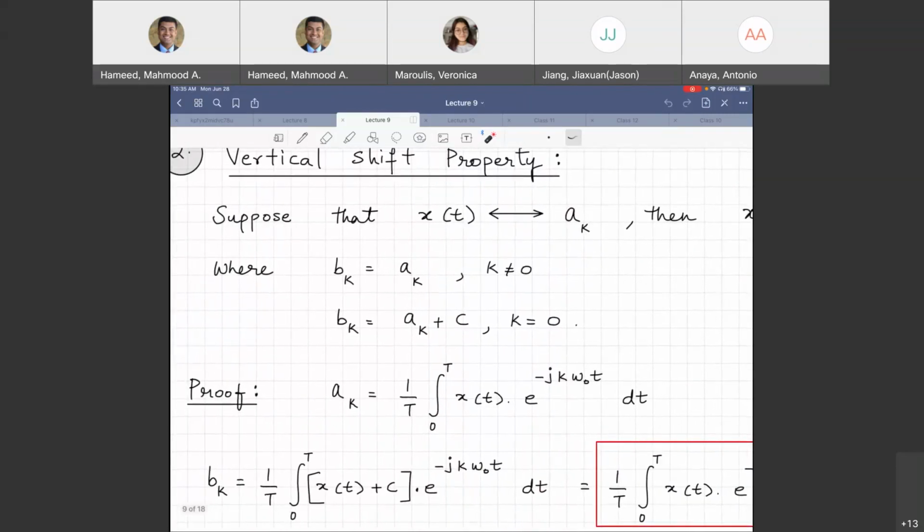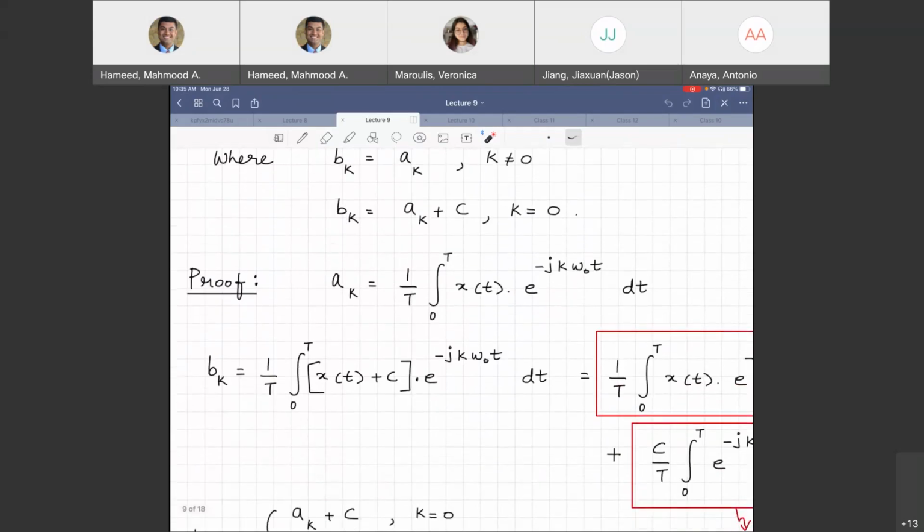The property says that B sub k equals A sub k when k doesn't equal 0, which means all the Fourier series coefficients, except when k is 0, are exactly the same. However, when k is 0, B sub k equals A sub k plus C, which means B sub 0 equals A sub 0 plus C. So only the DC term gets modified by the same DC constant C.